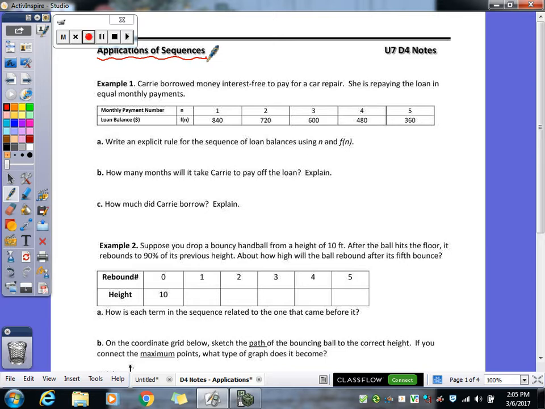We have Carrie borrowed money interest-free to pay for a car repair. She's repaying the loan in equal monthly payments. So they want us to write an explicit rule for the sequence of the loan balances using n and f of n. So they want us to write it in function notation. So let's take a look at what we were given first. We've got to first figure out what this is going down by.